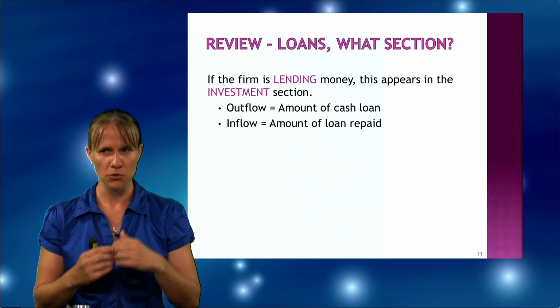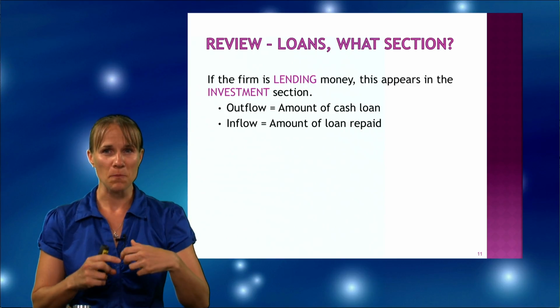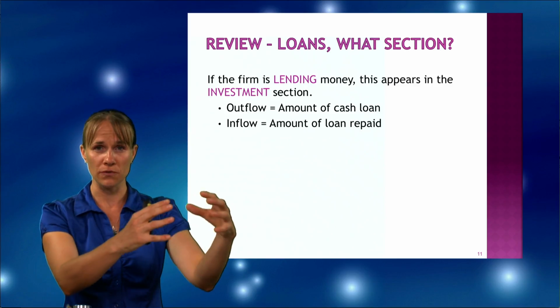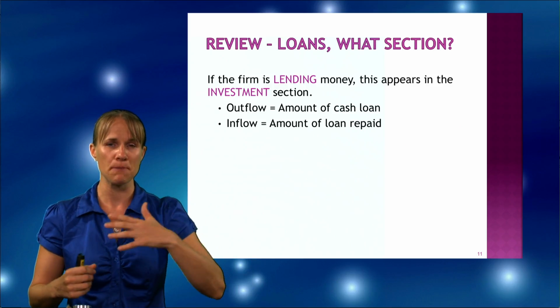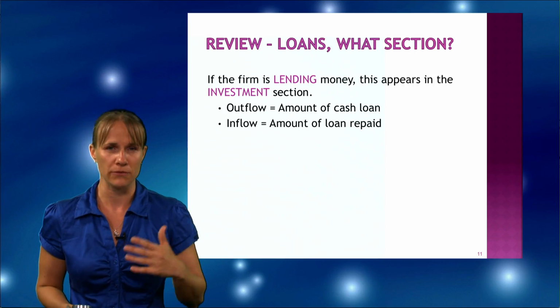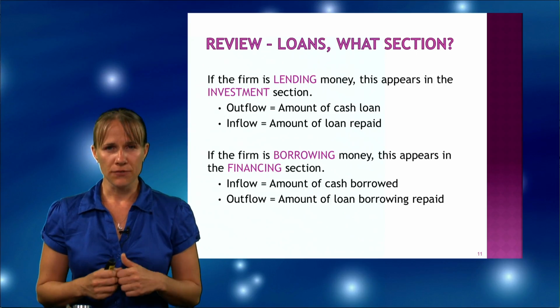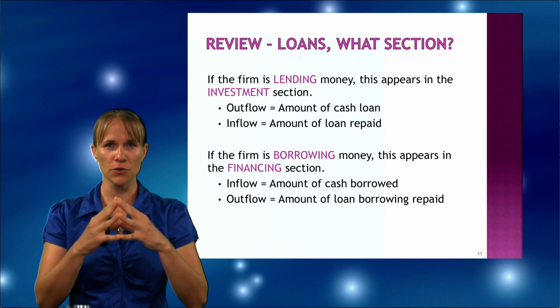So therefore, when you loan that money to that other entity, the outflow is the amount of cash that you have loaned them. The inflow to you is when they make repayments back to you or they repay that loan, whether it's in installments or in full.